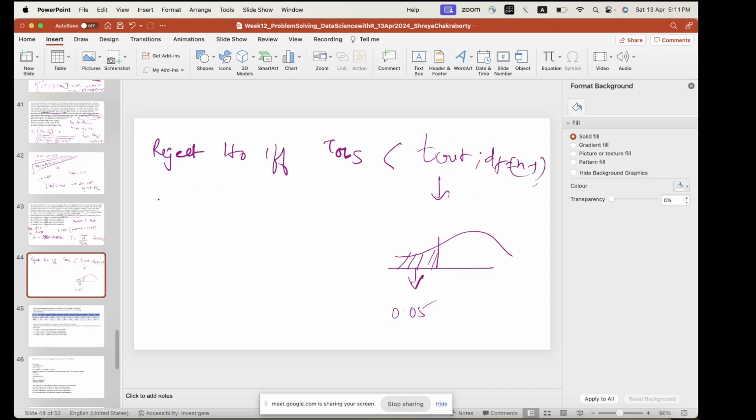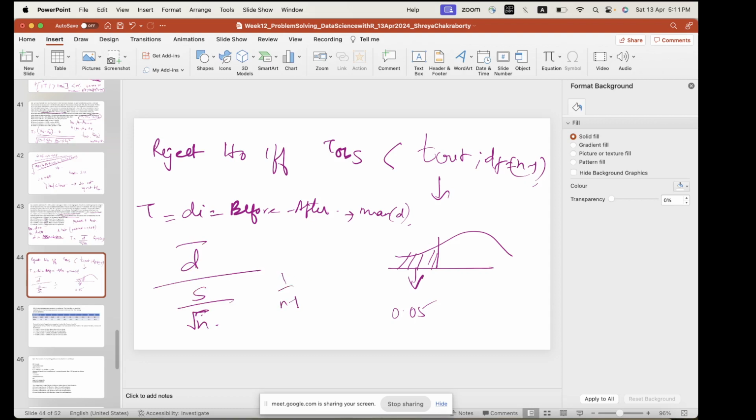So just find out t: you get the di's, before minus after, then get the mean d bar, then d bar by s by root n. And s will be the square root of 1 by n minus 1 times the summation of di minus d bar squared.